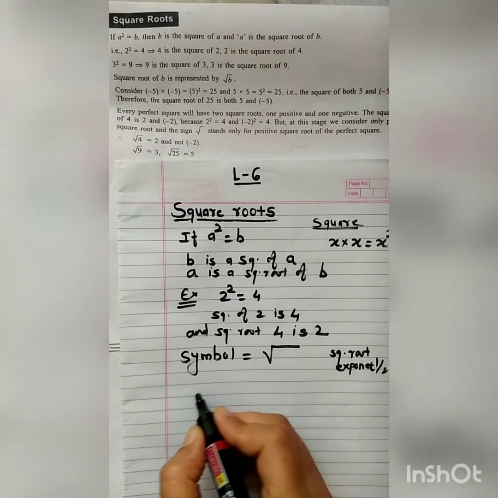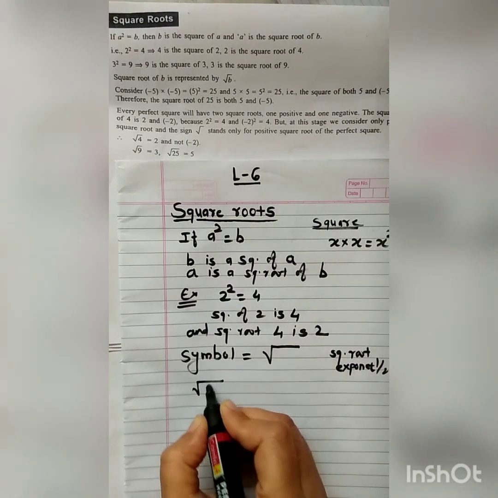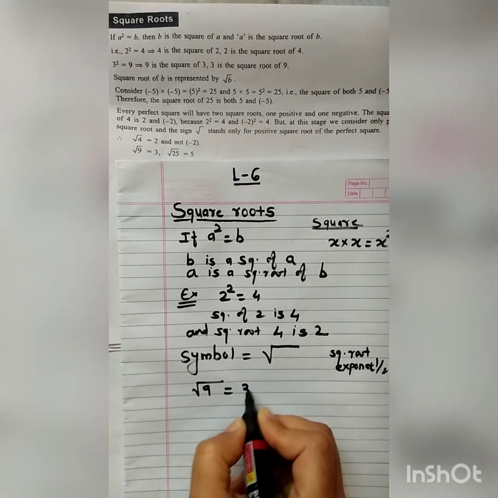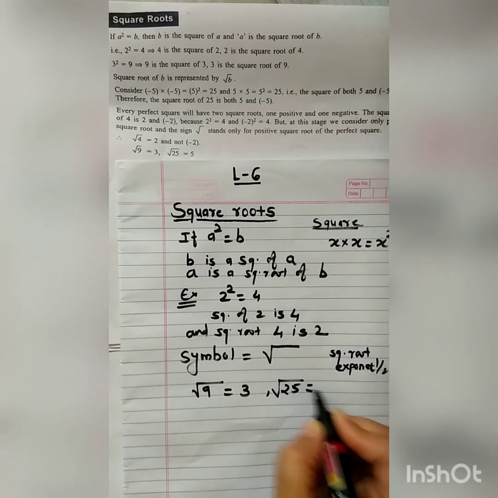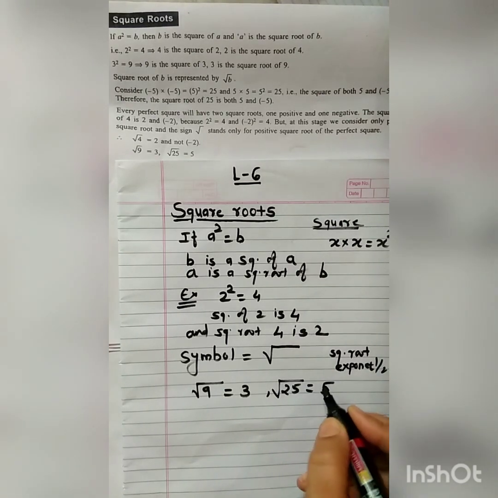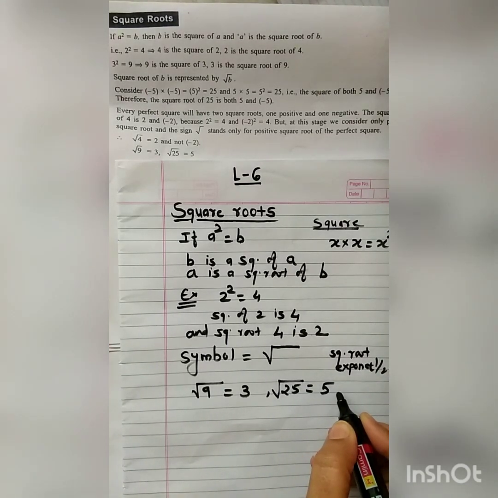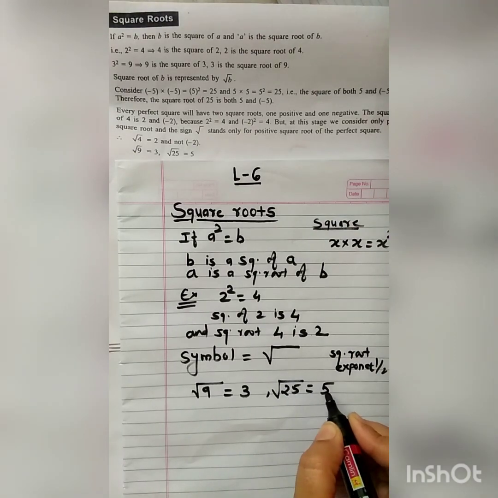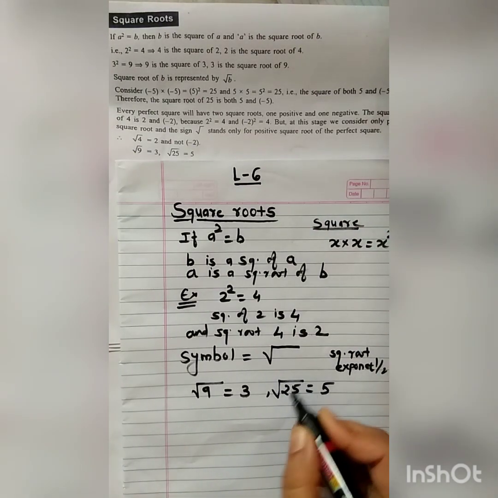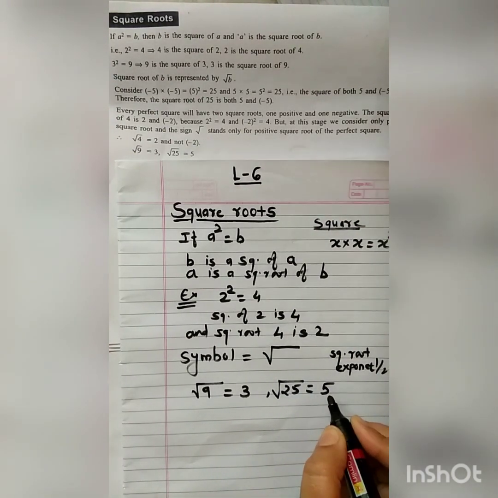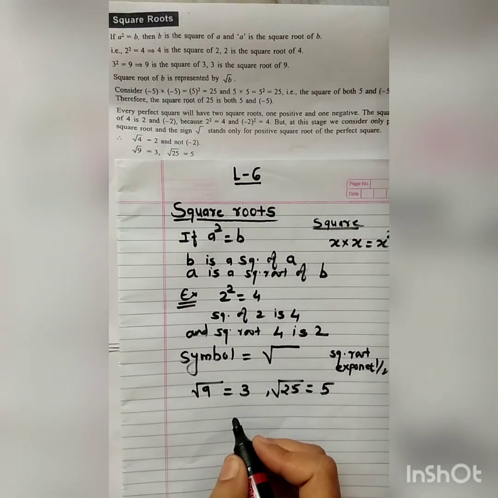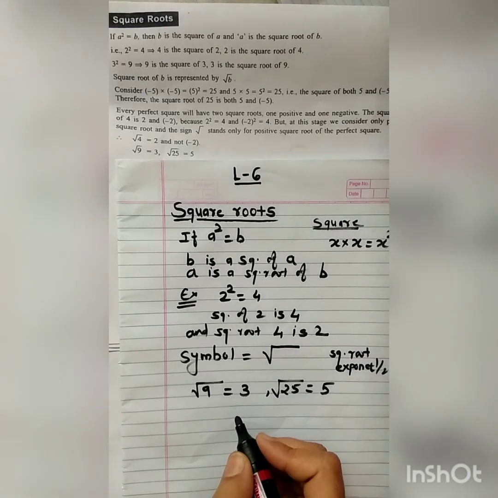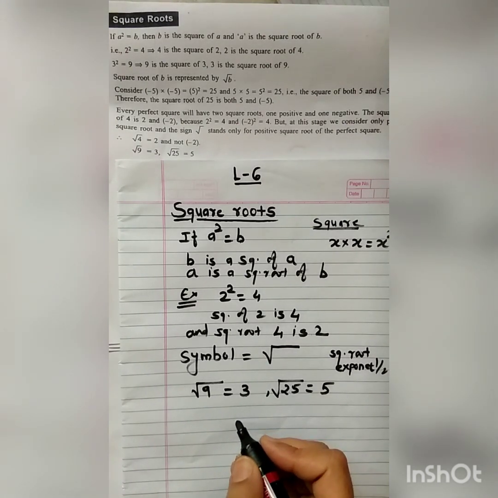If I have to write square root of 9, then it is equal to 3. Square root of 25 is equal to 5. Why? Because 5 multiplied by 5 is 25. It means square of 5 is 25. That's why square root of 25 is 5. In this way, you can find the square root of any perfect square number easily.